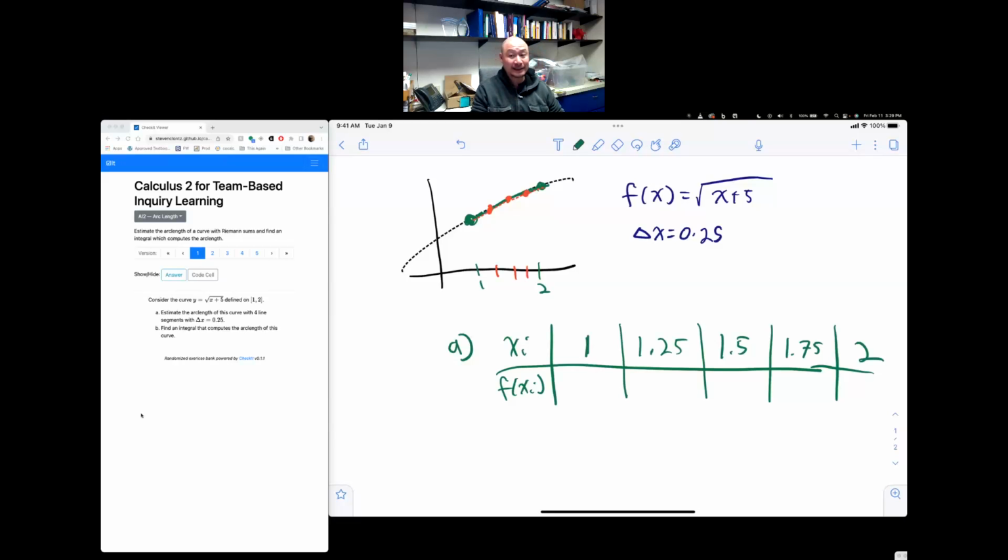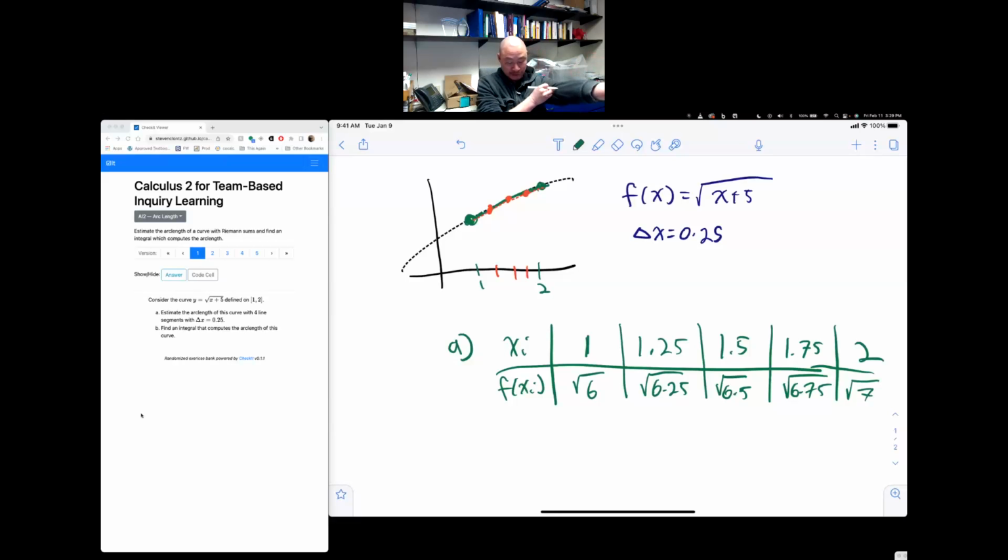The corresponding y values are the evaluation of these x values at f of x, which is square root of x plus 5. So that gives us outputs of square root of 6, square root of 6.25, square root of 6.5, square root of 6.75, and square root of 7.